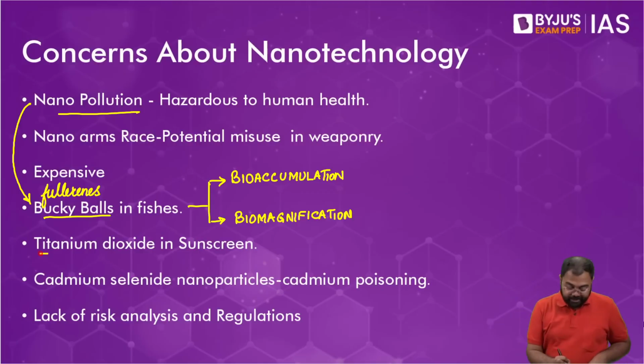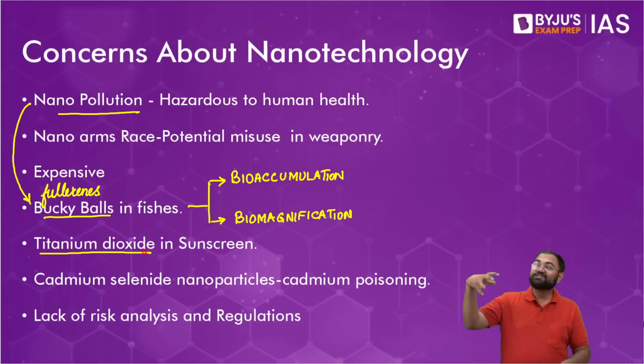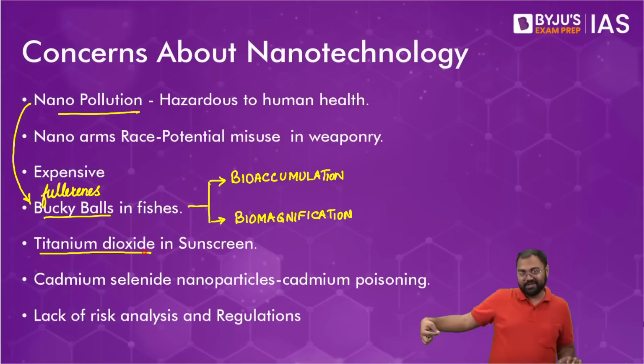Then titanium dioxide in sunscreen. Now, titanium dioxide is something that was hugely advertised a decade back. If you have seen sunscreen advertisements, they show that the sun rays or radiations are coming to your skin, touching your skin, and just reflecting off it, right?